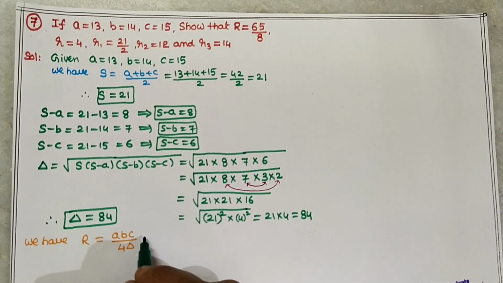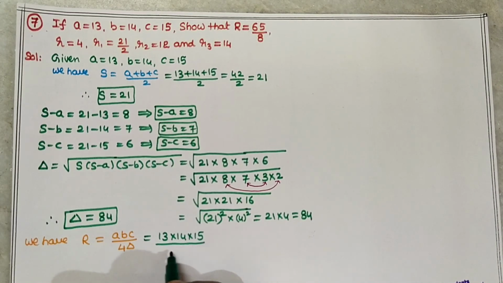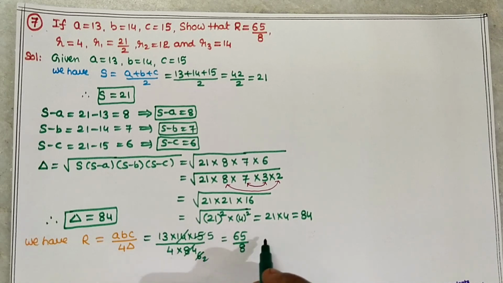So now substitute respective values: a value is 13 into 14 into 15 divided by 4 times 84, the delta value. 14 ones are 14, 6 are, 3 twos are, 3 fives are, so 3 fives are 65 divided by 4 twos are 8. Therefore, capital R is equal to 65 by 8.